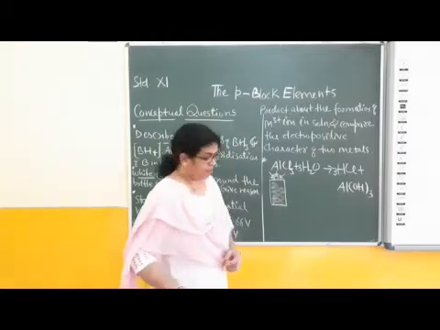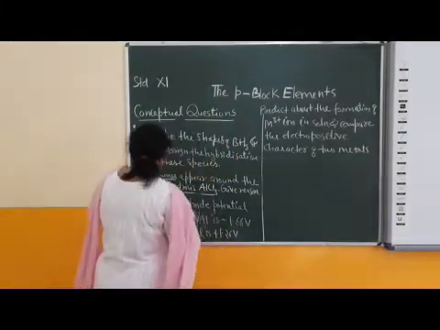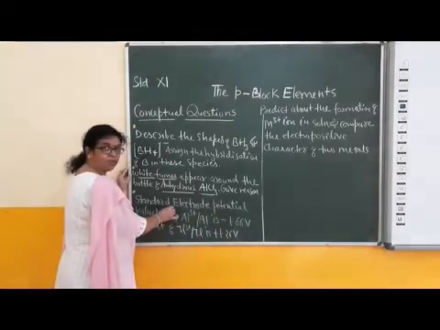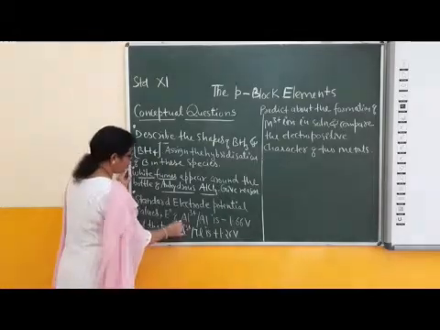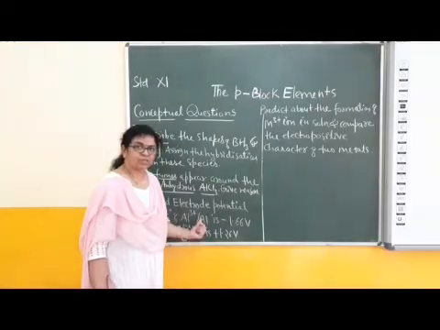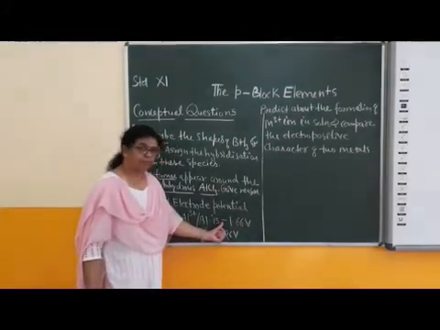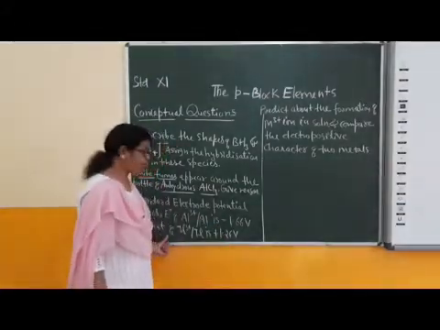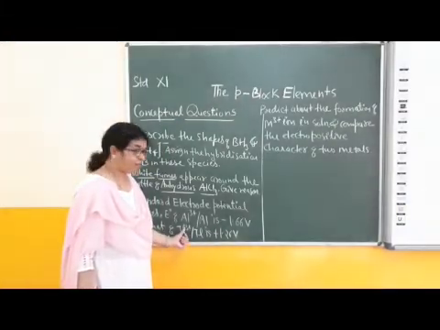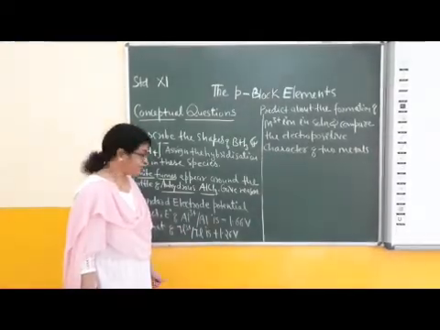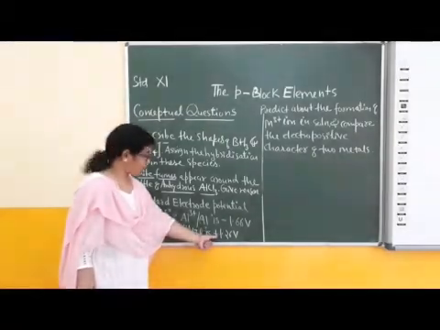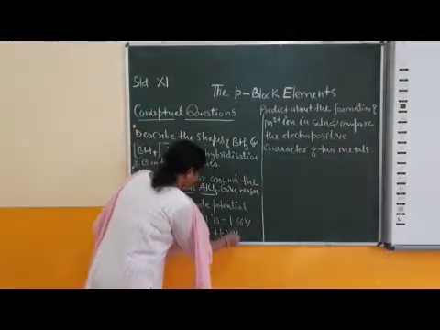Right? Now next question, children. Standard electrode potential values, E naught. Naught means standard. E for reduction of Al³⁺ to aluminium is -1.66 volt, and that of thallium, in the same condition, for reduction of tripositive thallium ion is +1.26 volt.